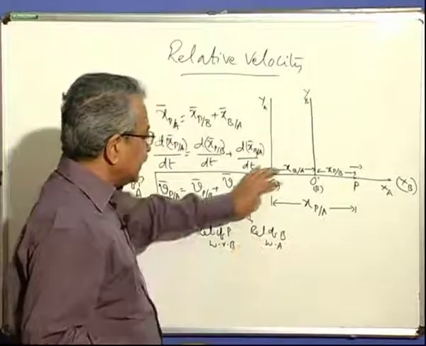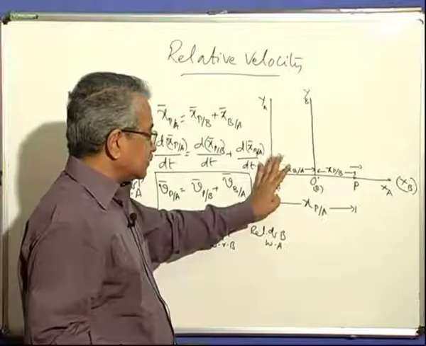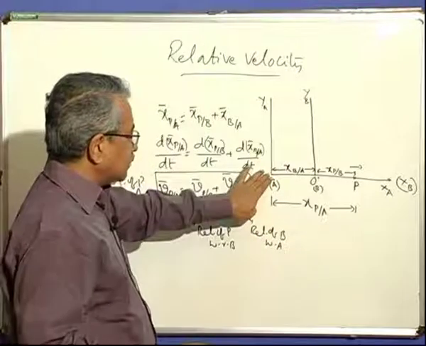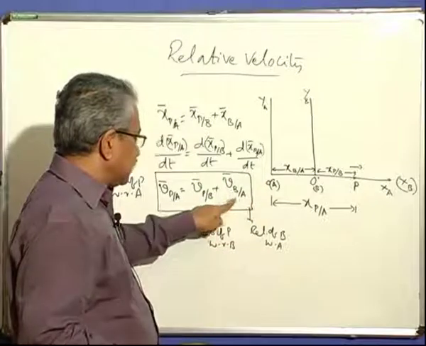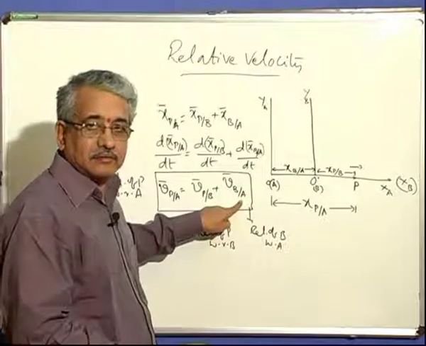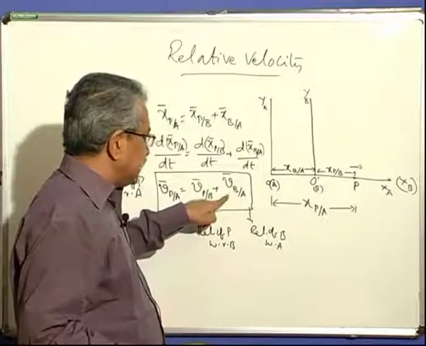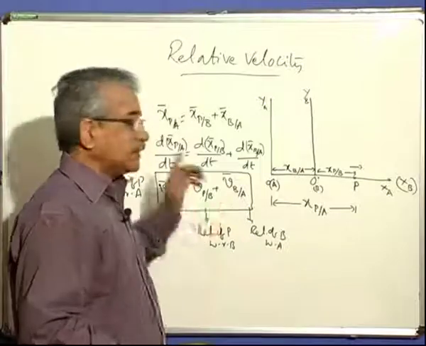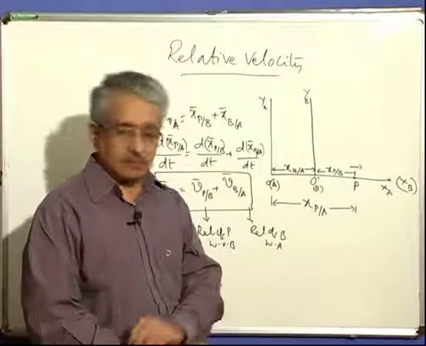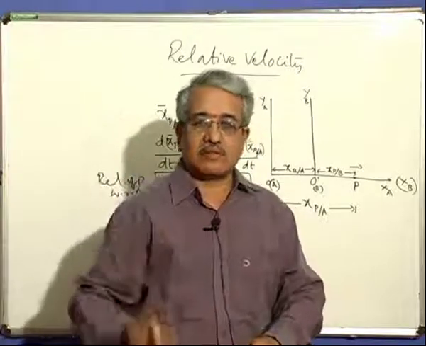Suppose now A is not moving, A is at rest. That means this fellow is not moving at all. Then this V_BA becomes the actual velocity of B, it becomes the velocity of B only, because A is at rest, his velocity is 0. That means when he is at rest only, he can see the actual velocity of the other one.